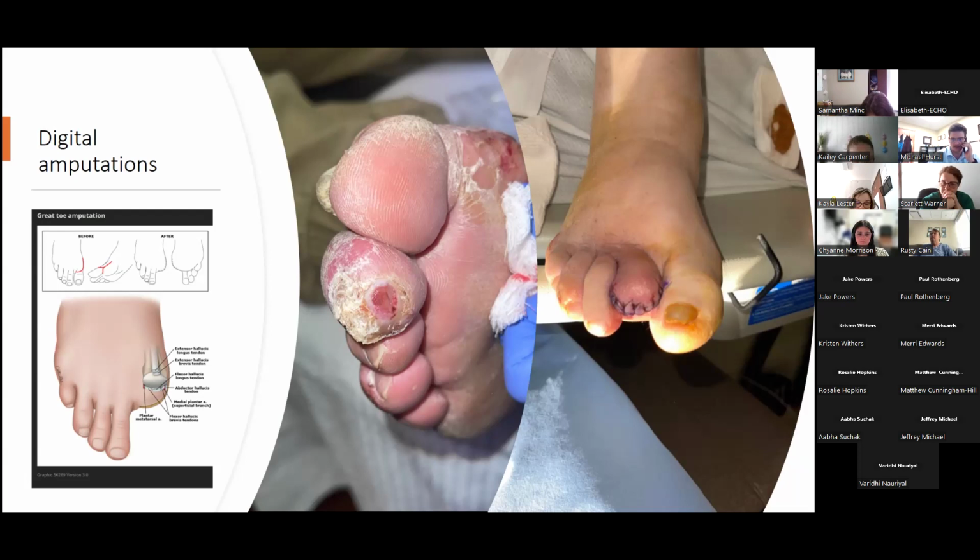At the digital level, as far as post-operative tendon balancing, you're not really going to have to worry too much about that. The goal here is to get the ulceration healed or the infection under control, remove the ulceration, and get the patient back to their functioning status.